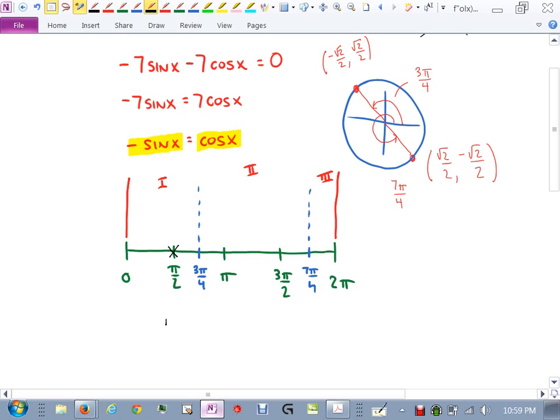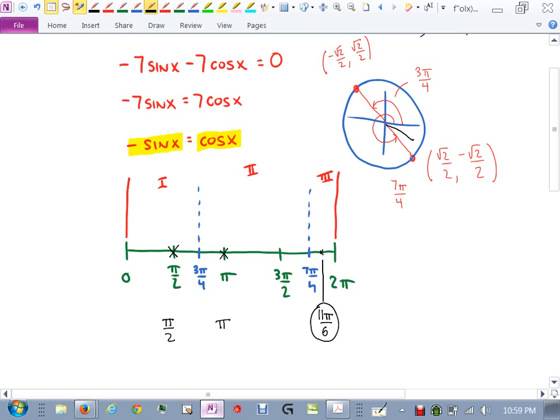So how about pi over 2 is 1. Here pi is another test point, and then I got to pick something in here. You could use your unit circle if you didn't remember what these were, but 11 pi over 6 is an angle over there.